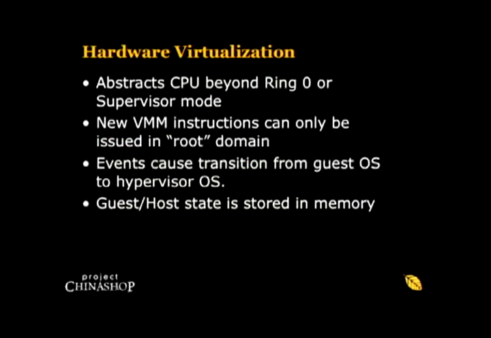And how a lot of these work is with the processors. Intel processors have the 4 rings. RISC processors have basically just supervisor mode and normal mode. But we'll talk mostly about the Intel architecture, because that's what everyone's doing right now.